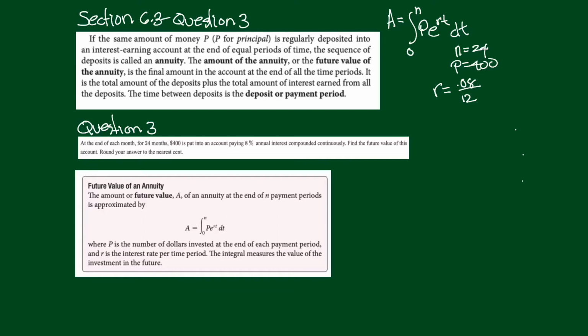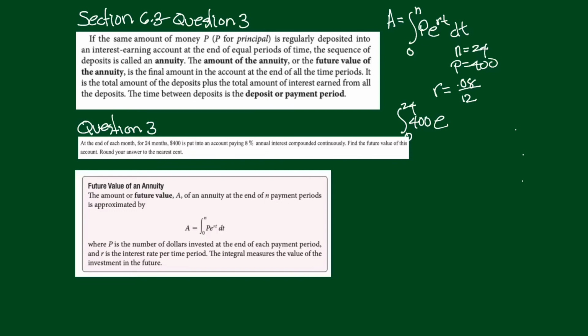Let's just be sure this makes sense here. What is this R? Come down here to the definition, and it says that R is the interest rate per time period, and our time period is every month. So that 8%, that's per year, but we have it every month, so we need to divide that by 12. So our integral is going to go from 0 to 24 of 400 times e.